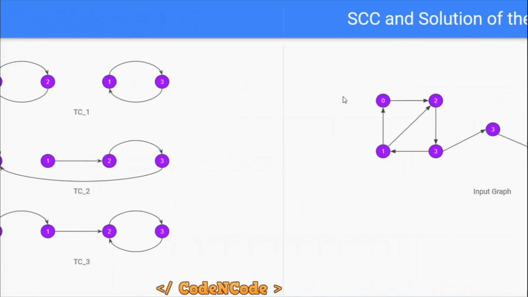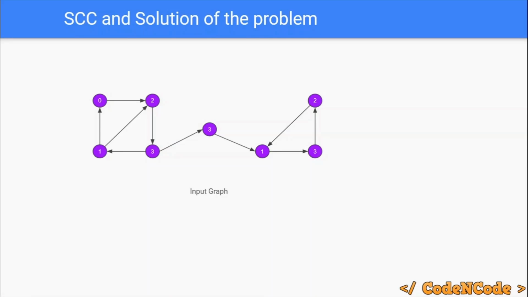Now the question is how strongly connected components will help you solve this problem. Now if you know strongly connected components, in a strongly connected component, if you choose any 2 nodes, there exists a path between them. So if you choose A and B, which belong to the same strongly connected component, then there is a path from A to B and B to A. Basically there exists a cycle in a strongly connected component.